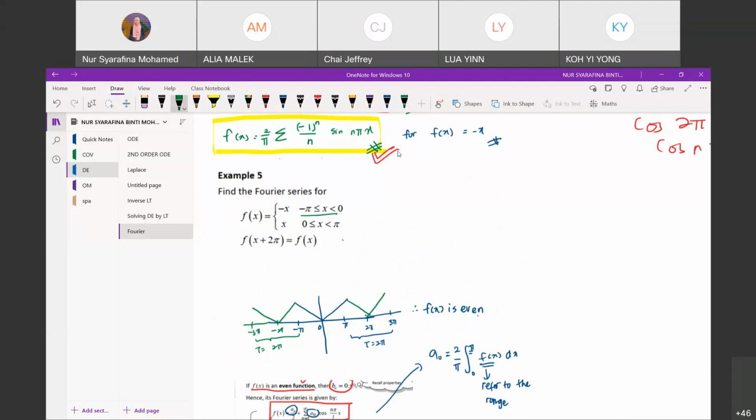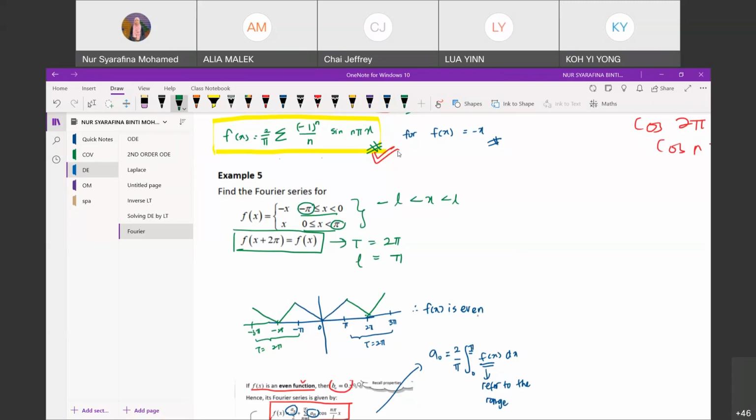And fx equals x for x from 0 to pi. And you know that this is a periodic function where T equals pi. And when T equals pi, L equals pi. As you can see, here is L. Because the range is always from -L to L, from -pi to pi.